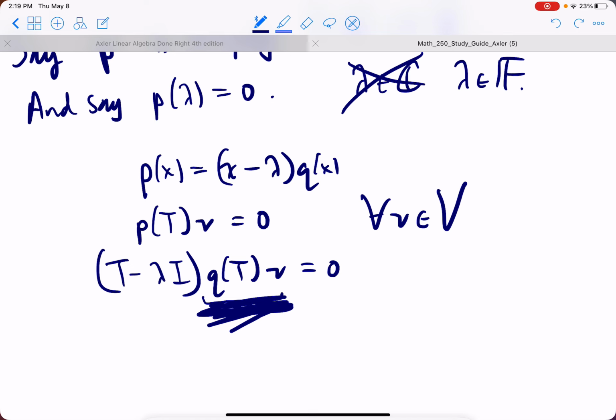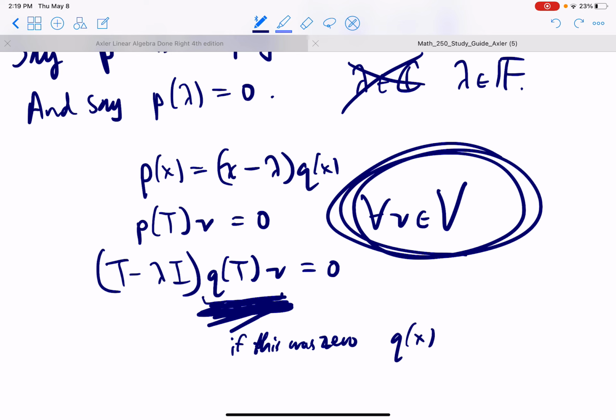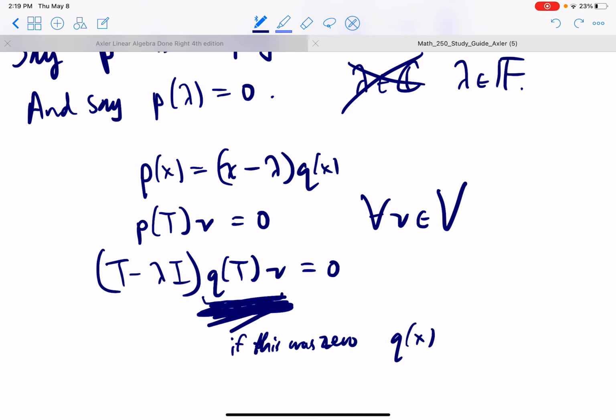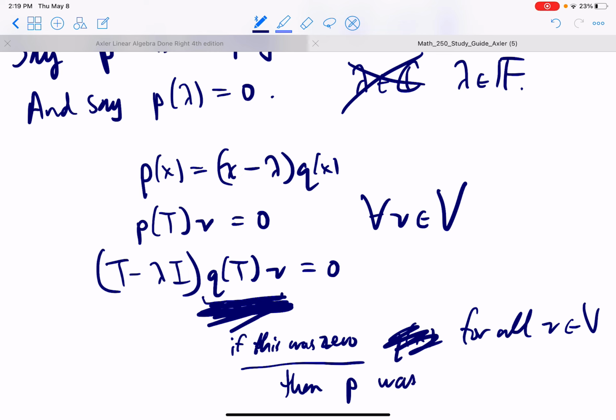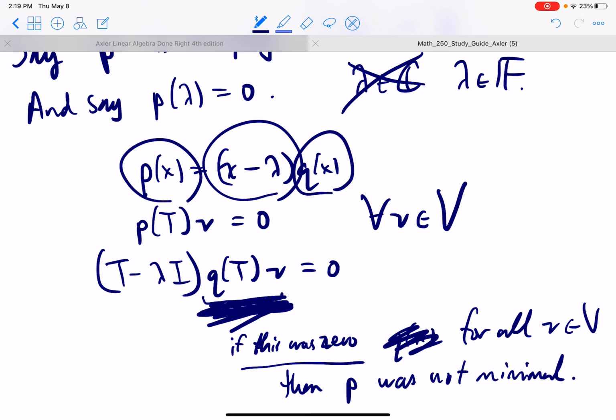Now, why does this have to be nonzero? If q of T were zero, then q of x would be a polynomial of smaller degree than p satisfying the minimal polynomial conditions. Here it's important that it's for all v in V. If q of T was zero for all v in V, then p was not minimal, because q would satisfy the conditions of being a min poly, but q has one less degree than p.